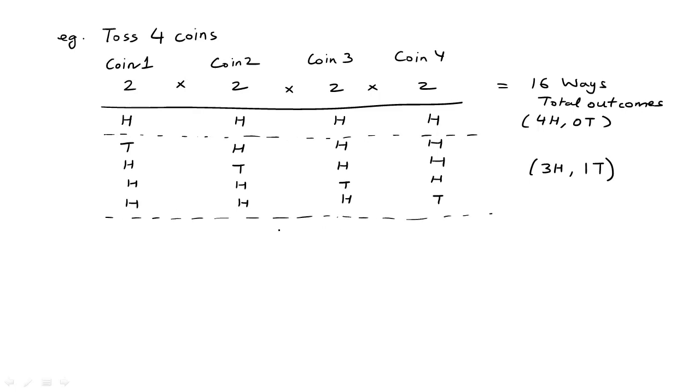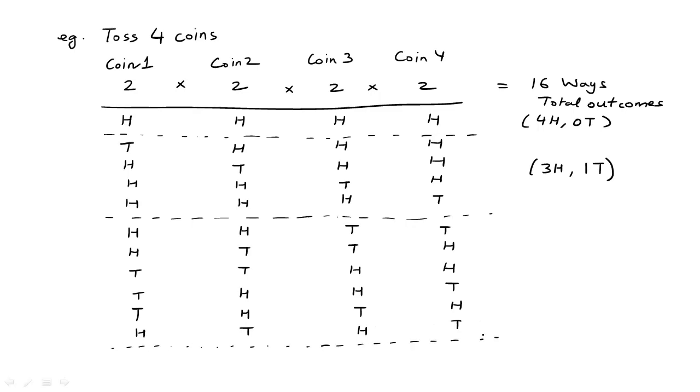And then there are the outcomes where there are two heads and two tails. Let's list out all these possibilities. These ways are part of the distribution which we can label as two heads and two tails.